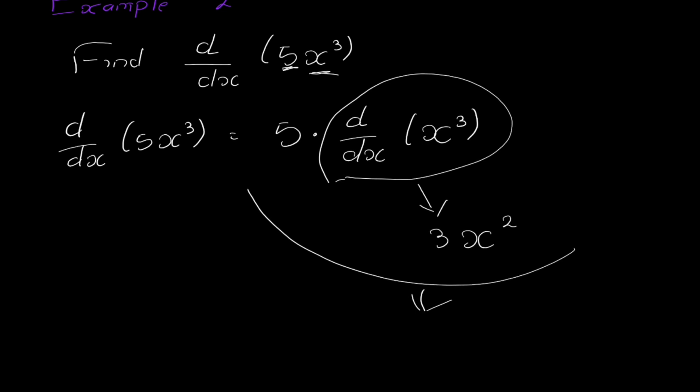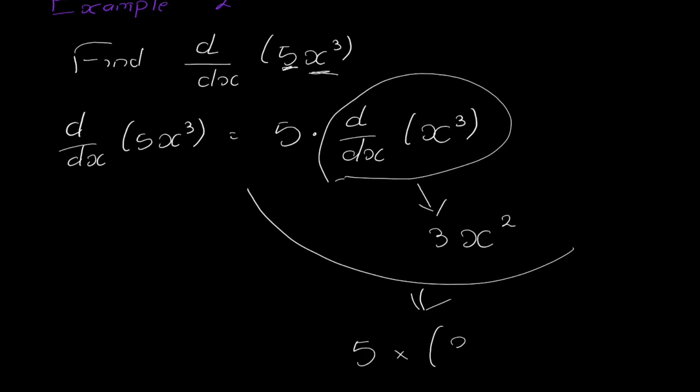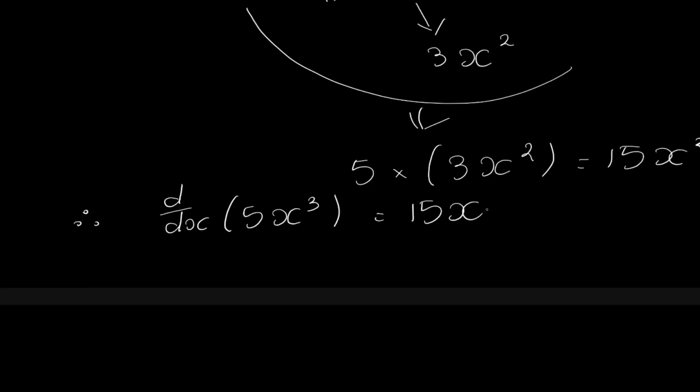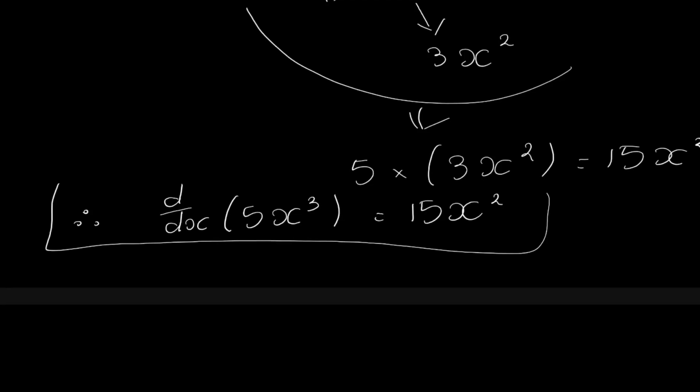All of this gives us 5 times 3x squared, which gives us 15x squared. So therefore, the derivative of 5x cubed is equal to 15x squared. And that is our solution.